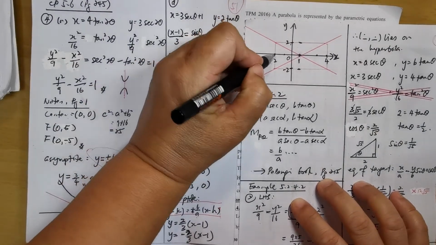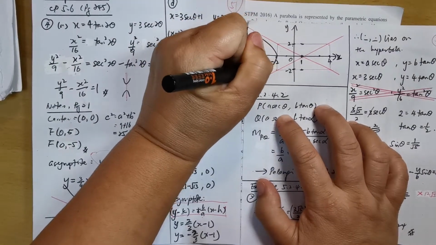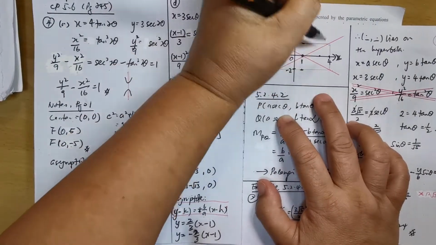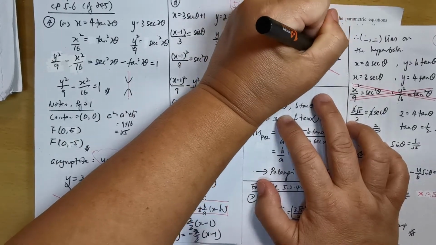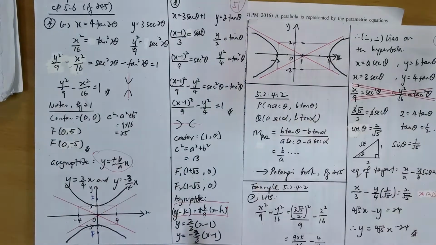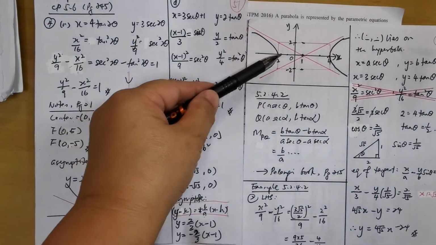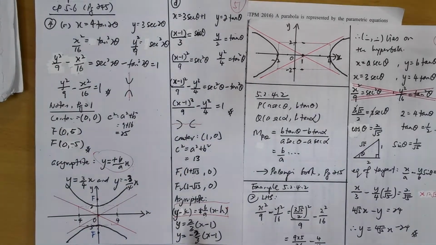So negative 2 is a vertex, and 4 is a vertex. This one maybe needs more space. So this one the vertex is negative 2, this one the vertex is 4. So you get your hyperbola.